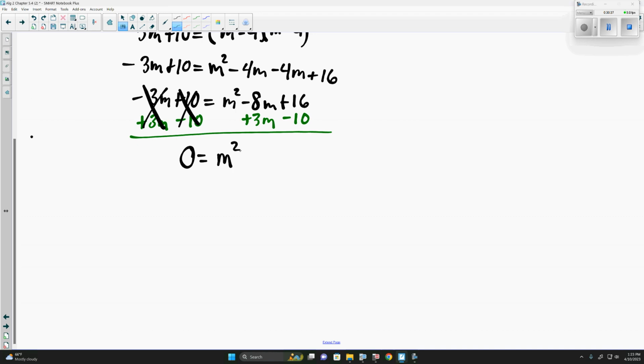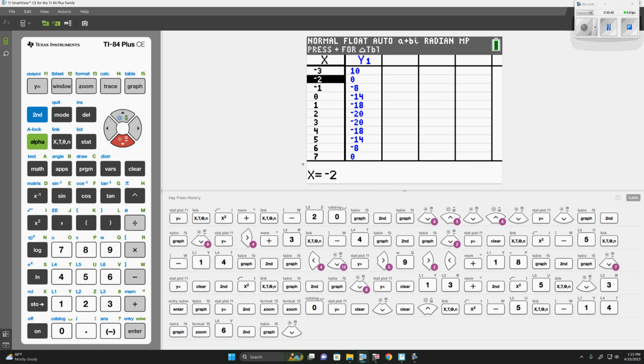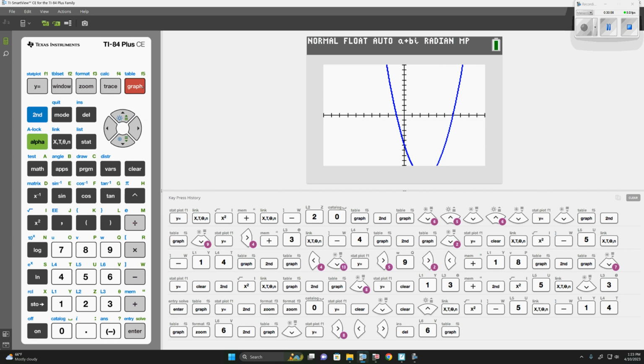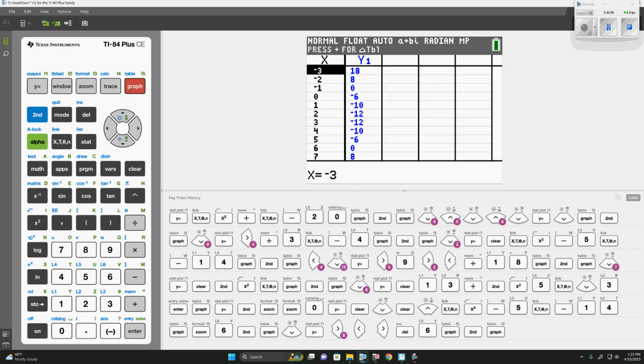M squared minus 5m plus 6. Factor it like x squared minus 5x plus 6. Because it's a positive, they're both negative.